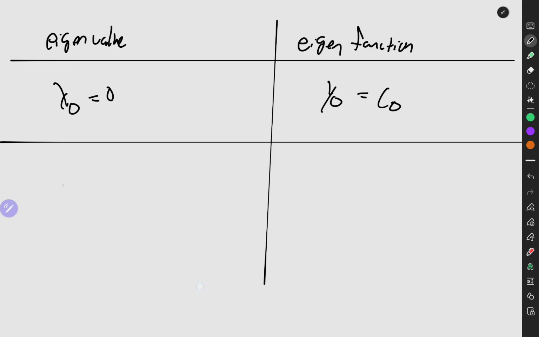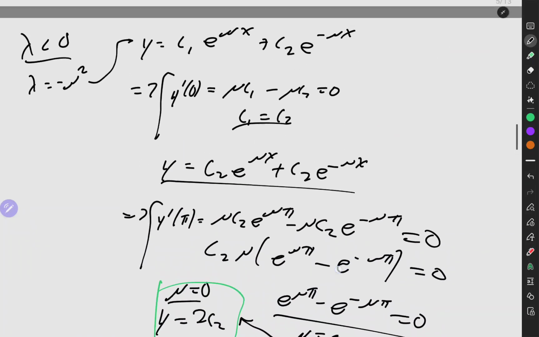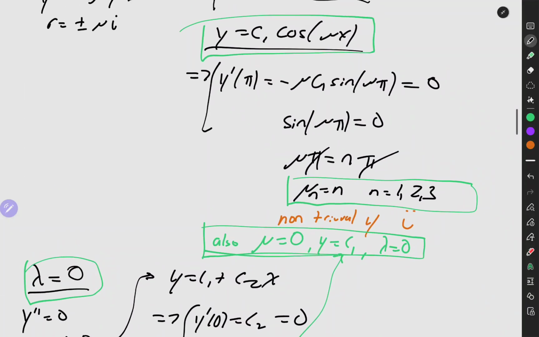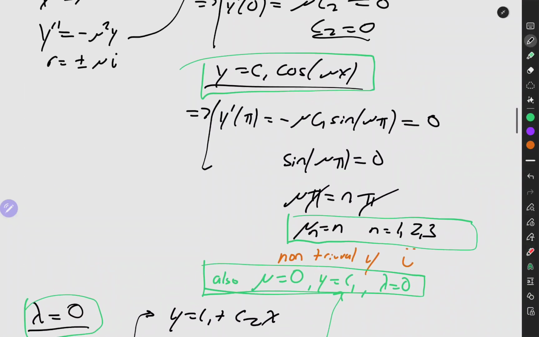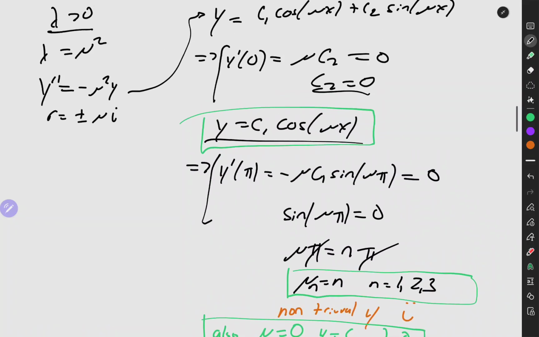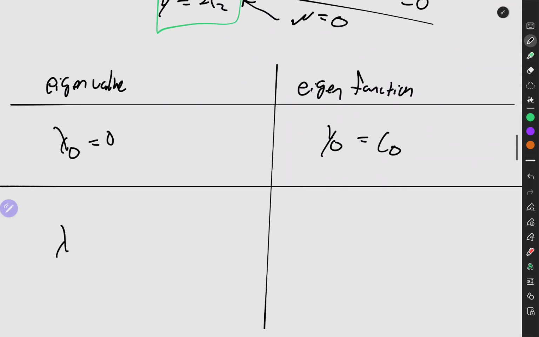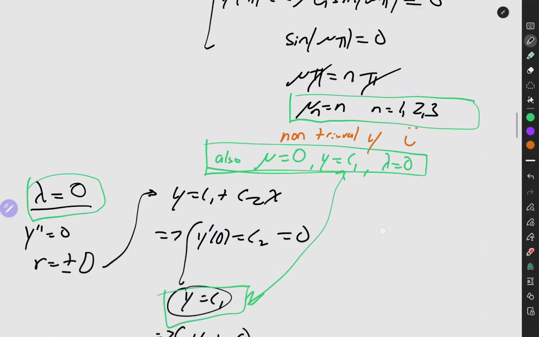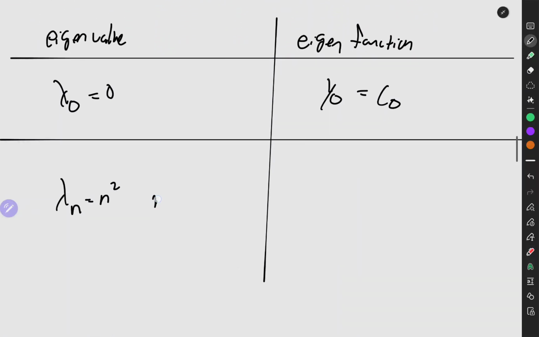So now, the second eigenvalue, we had what over here? Right, so we had n, so it's just n squared, right? Because we had our mu sub n equal to n for everyone. I completely forgot to write this. And then let me just make sure this is right.